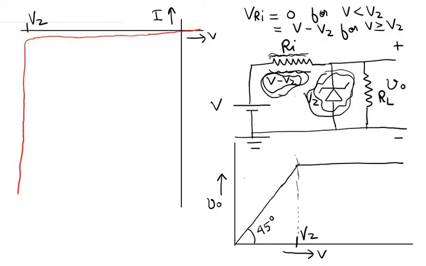So I repeat again that this excess voltage V minus Vz is consumed by this resistor Ri. So this resistor Ri is put here to limit the maximum current across the Zener diode and to consume the excess voltage V minus Vz, so that the Zener diode doesn't burn.